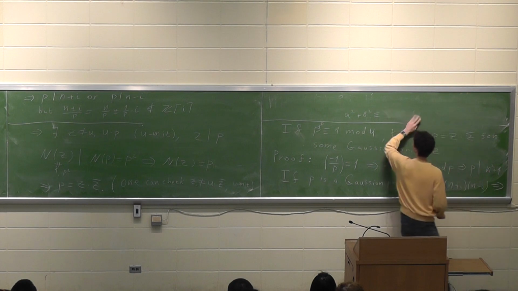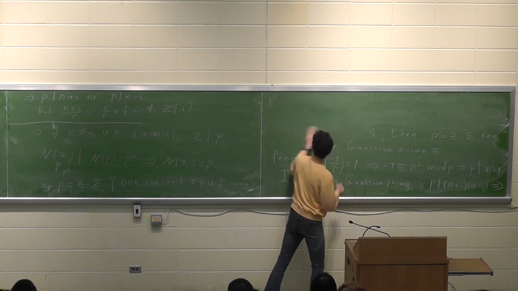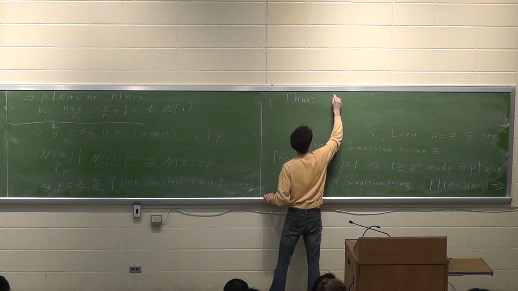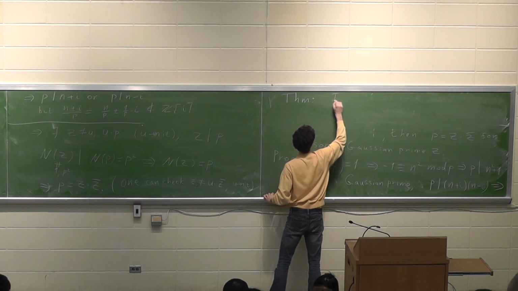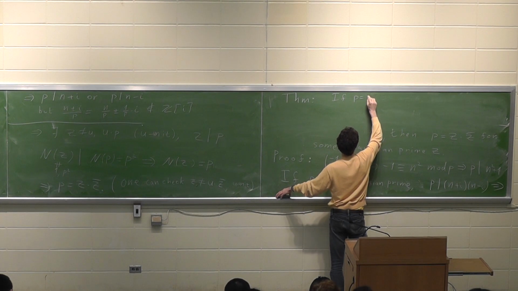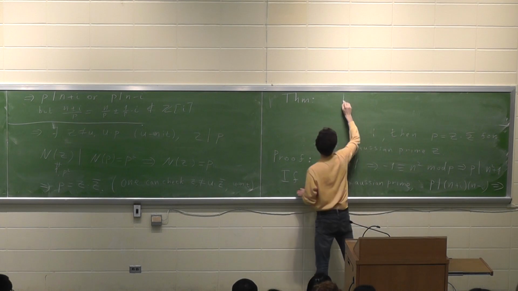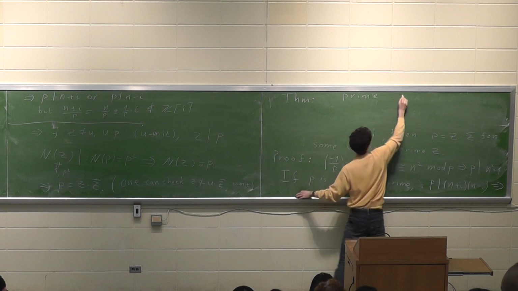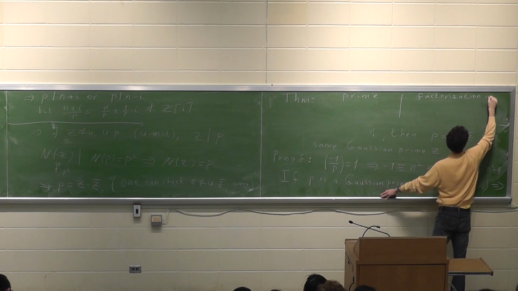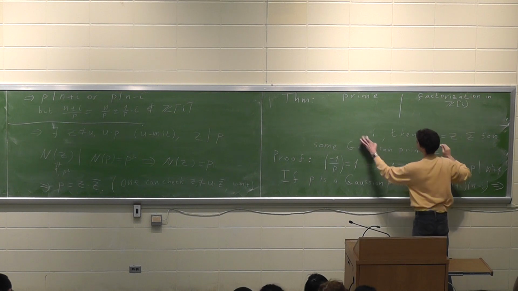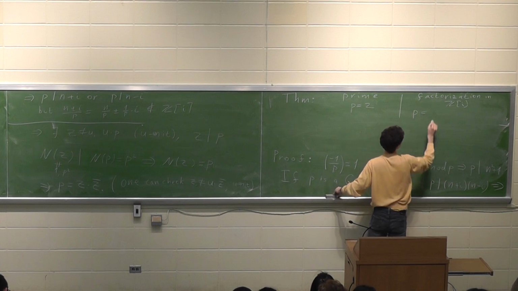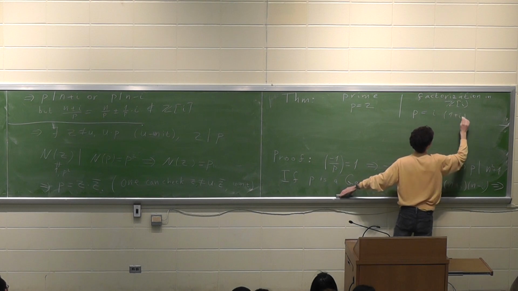So let's formulate this as a theorem. If a prime is equal to 2, this prime is in fact i times (1 plus i)(1 minus i), which is i times (1 plus i) squared.